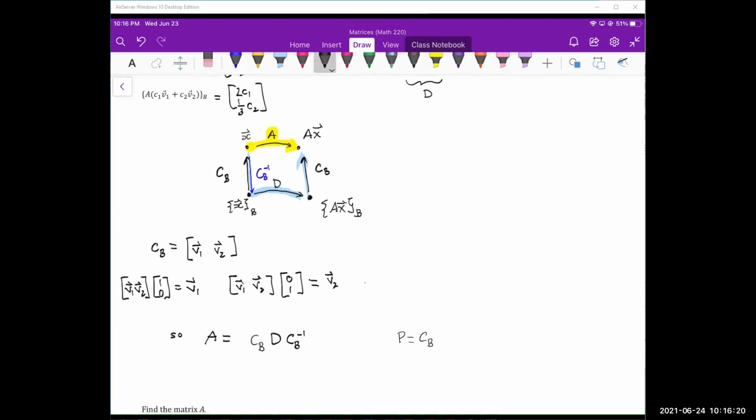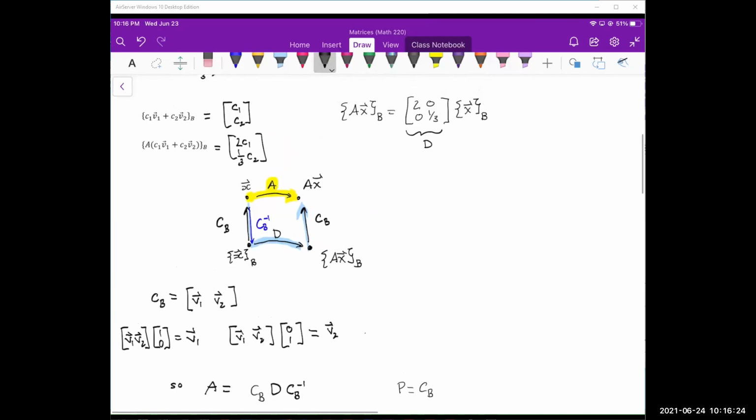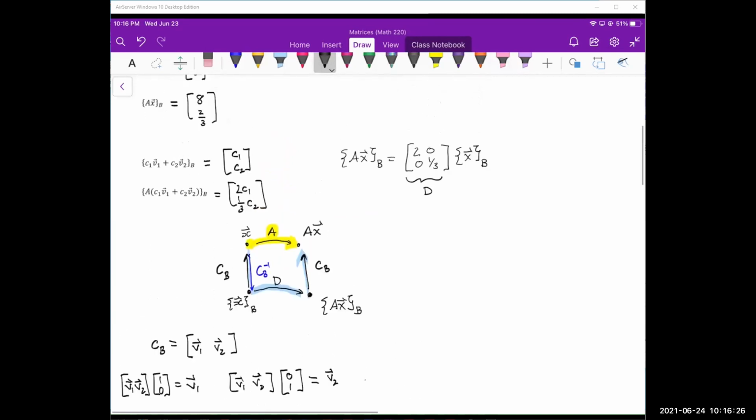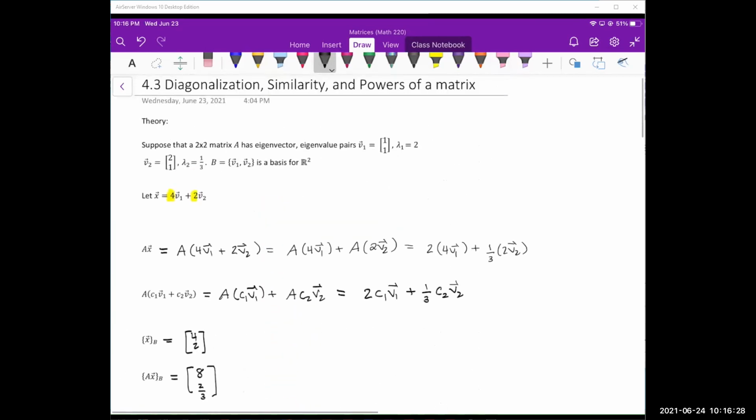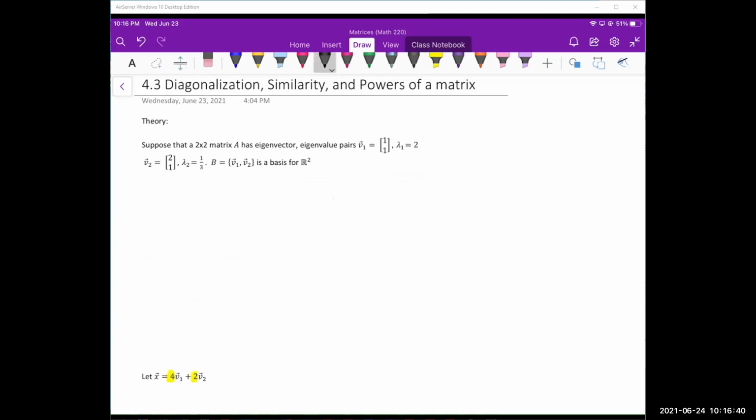Alrighty. So let's take a look at an example of this. Here we had eigenvectors and their corresponding eigenvalues. So let me just move this out of the way. So we've seen that A is going to be equal to this coordinate map times D times the inverse coordinate map.